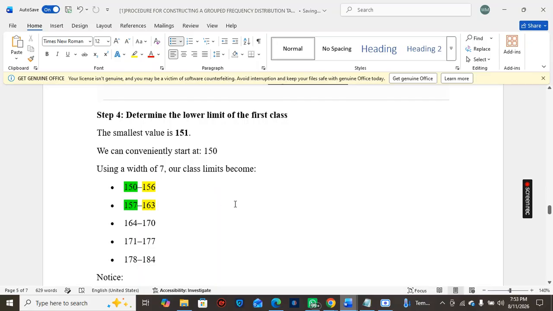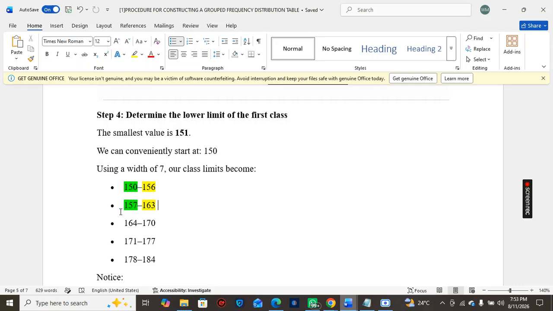Now, colleagues, we're not yet done because we're dealing with continuous data. There is a gap between 156 and 157. If we had 156.1, where do we put it? 156.2, where do we put it?